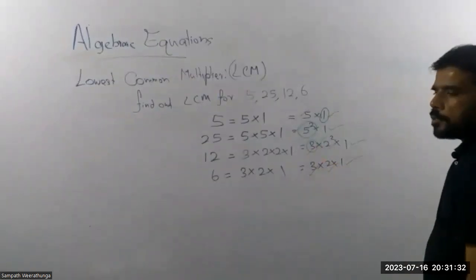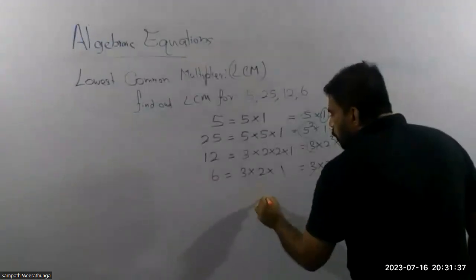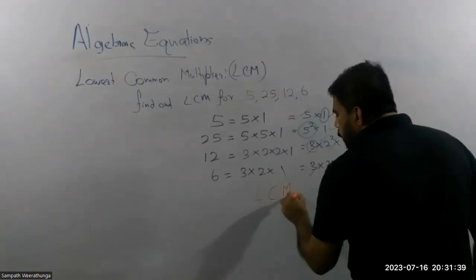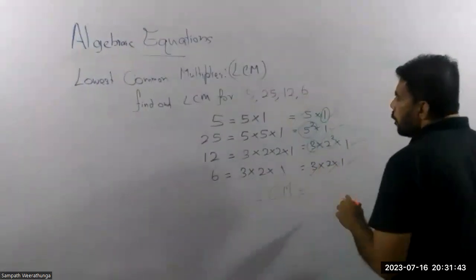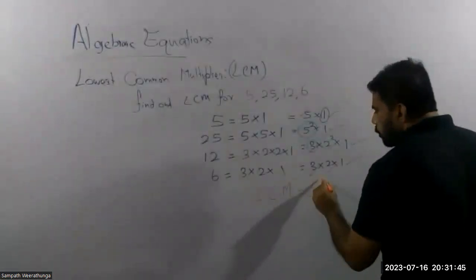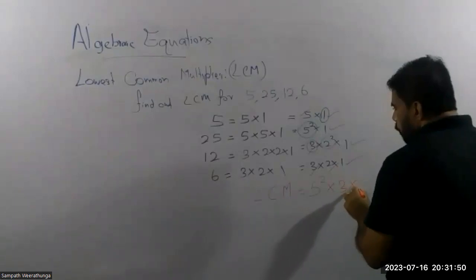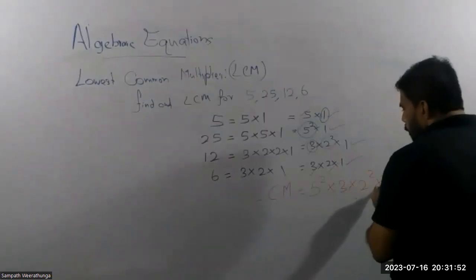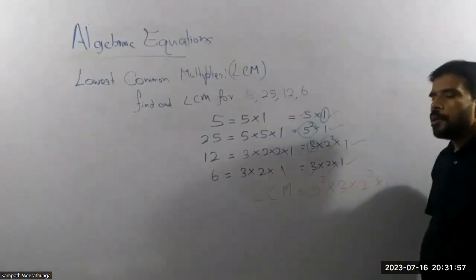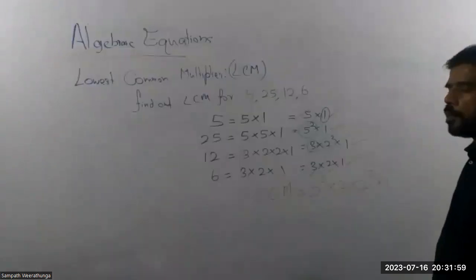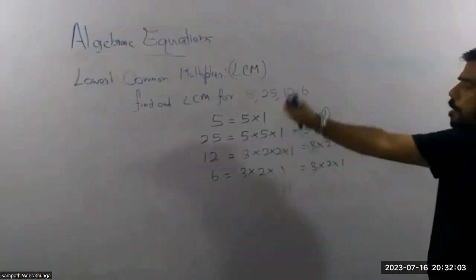So what is the lowest common multiple? Let's see. We'll start from the highest terms, 5 square into 3 into 2 square into 1. So this combination gives me the lowest number which can be divided by all given numbers.